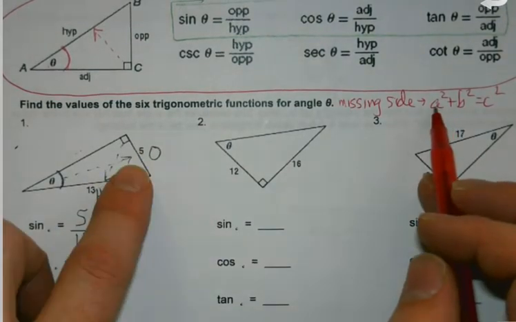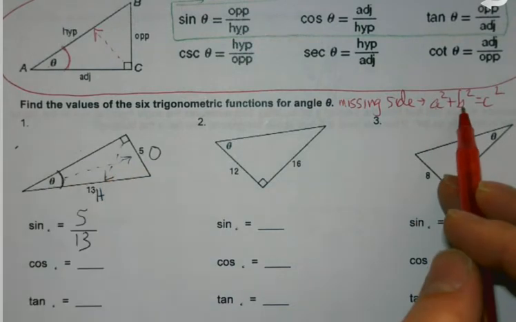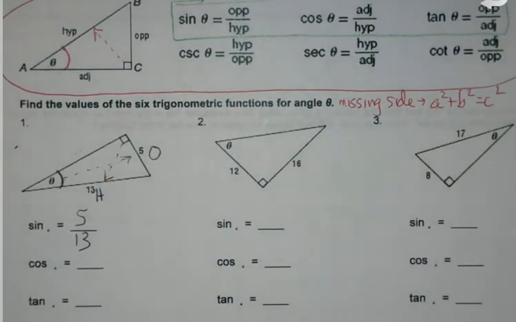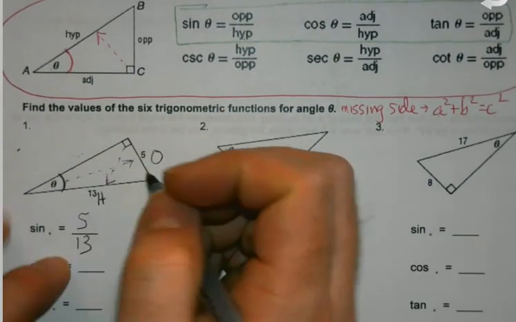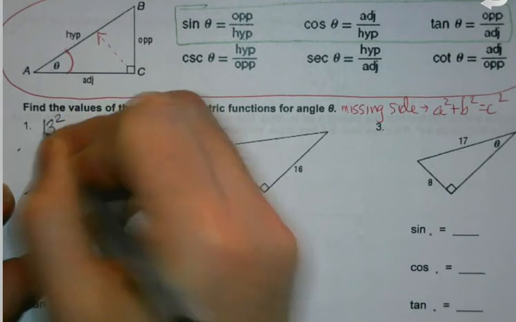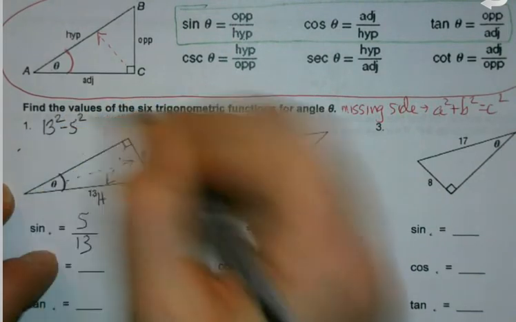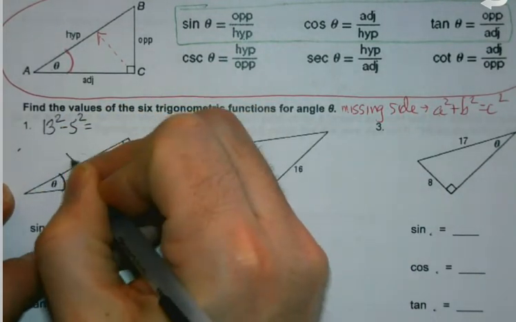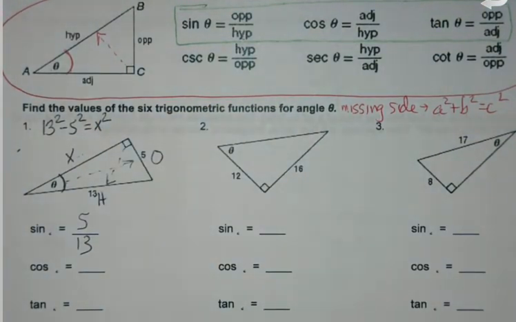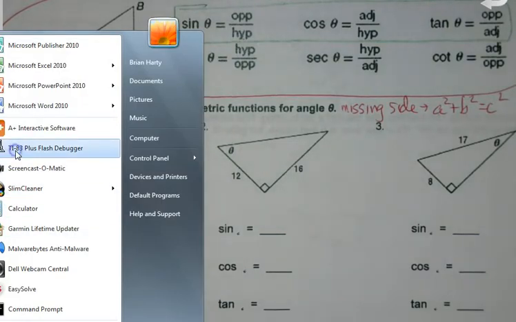You can just do 5 squared plus x squared equals 13 squared. That would work too. If I have the hypotenuse, I can take care of this in a faster form. And again, let the calculator help you if you need it. Don't think you've got to do all this on your own.